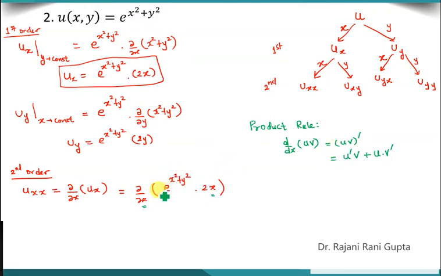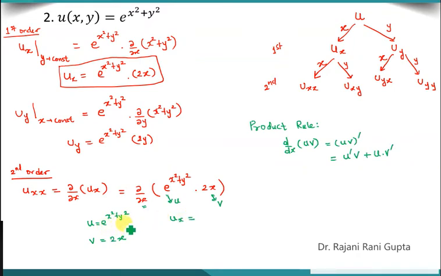So let's consider this as u and this as v. Don't mix it with the u here. So let's write it. We need the derivative of u and v with respect to x. So if u is e power x square plus y square and v is 2x, now we want their derivatives with respect to x.